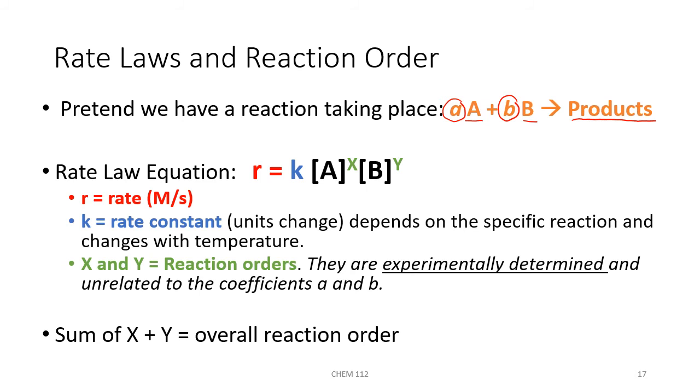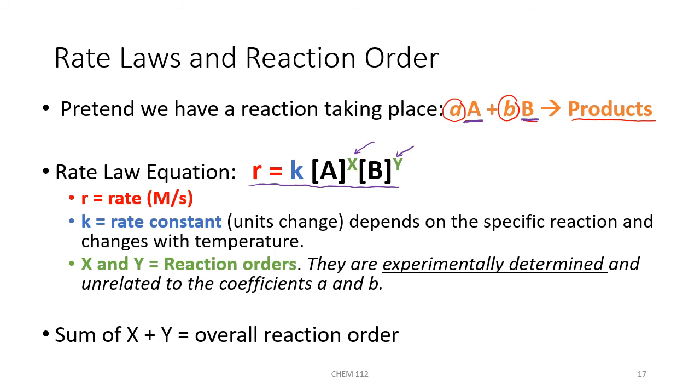So the rate is going to be directly dependent upon the concentration of A and the concentration of B. A generic rate law equation says R equals K times the concentration of A raised to some power, times the concentration of B raised to a different power.